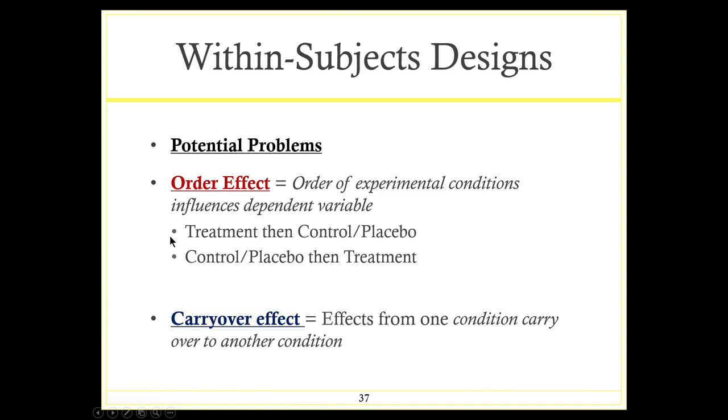So you might, for example, want to place treatment first, then control condition, or have control or placebo condition first, then treatment condition. So these are just different possibilities of orders. For example, if participants drink coffee first and then drink decaf coffee, the coffee's effect might change because they drink coffee and then participants will be more anxious, theoretically speaking, and even if they drink the decaf coffee, they might also be very highly anxious.